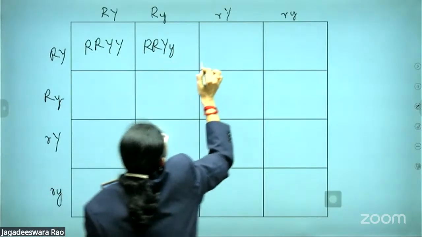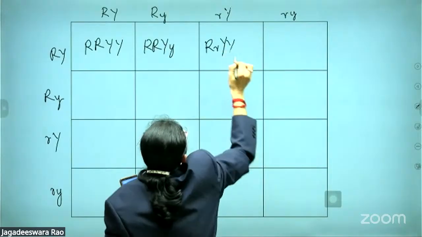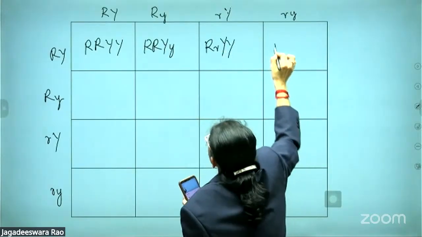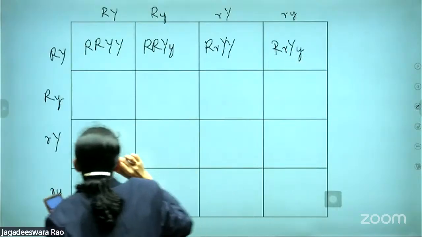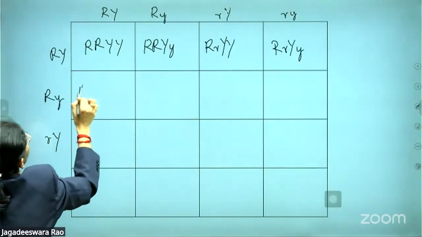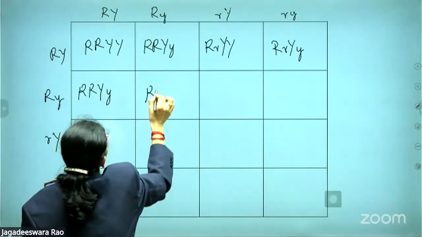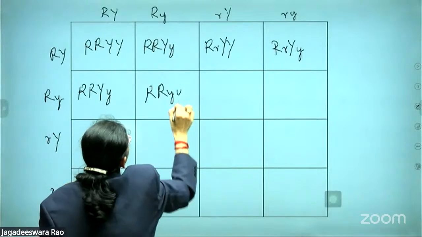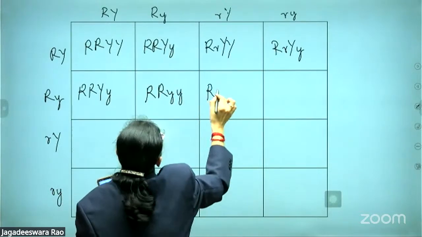You know now how to do this, right? Very easy. And you have to write the phenotype also. Heterozygous condition means dominant character. You need to remember. Yes, very easy. Just write the phenotype. I'm writing the genotype here.